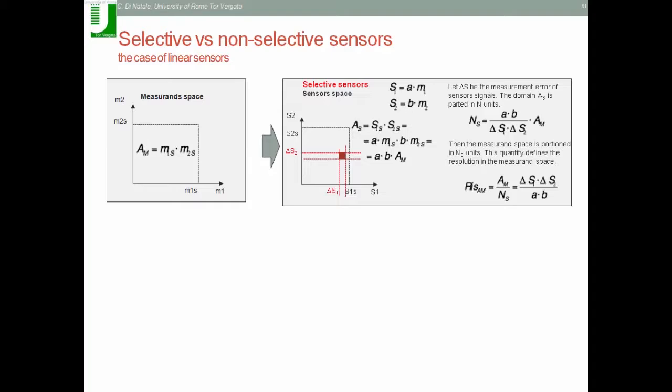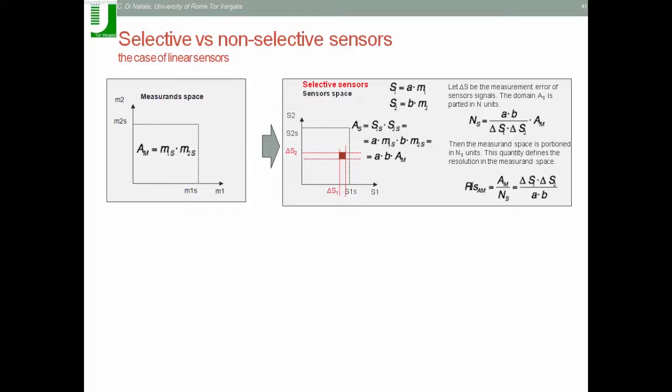But what is interesting here, of course, is to understand how the error in the measure of S1 and S2 is reflected in the uncertainty of the estimate of M1 and M2. Actually, since we have errors, each axis here is not made by points, but is made by intervals, because what we can appreciate are intervals.